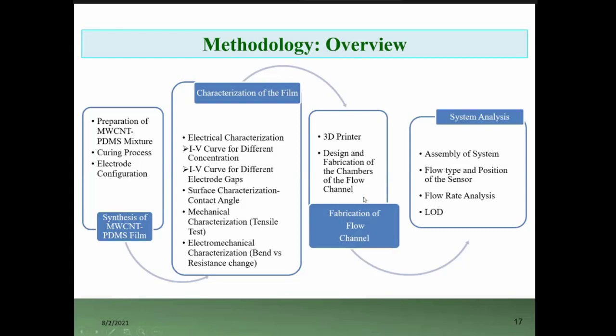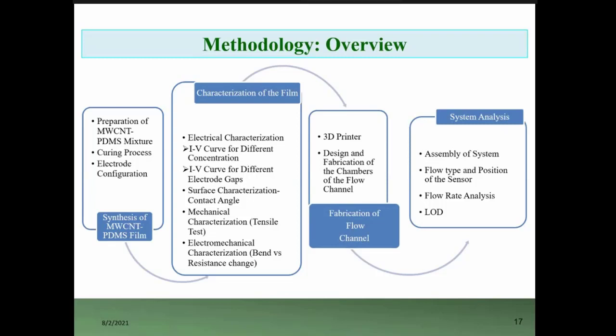Then the surface characterization of the film was performed using the water contact angle. In the third step of the characterization, the mechanical characterization was performed, where the tensile test was done to check the flexibility or elasticity of the film.